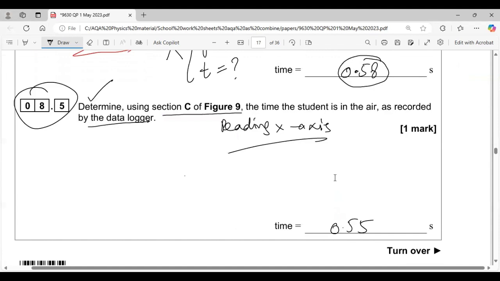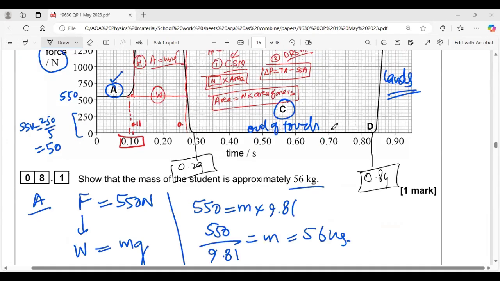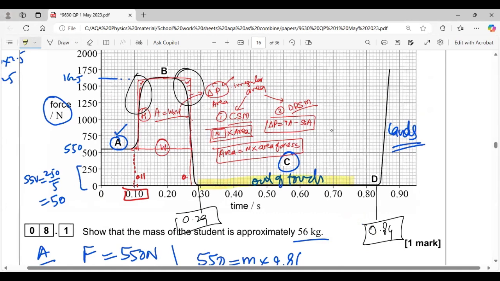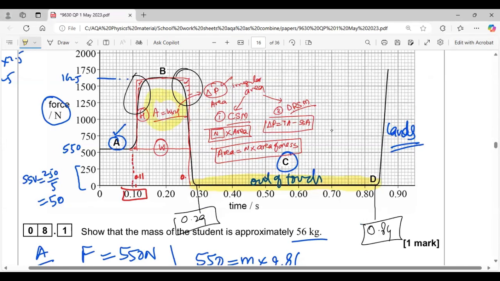So first of all, both are times, but one time you just directly read from the axis, and for the other time you have gone through some calculation from here, and over here you were doing the approximation. But in this time that you have read from here, you just counted the number of squares. So there is less error over here because you are directly reading it. And over here there is more error involved.